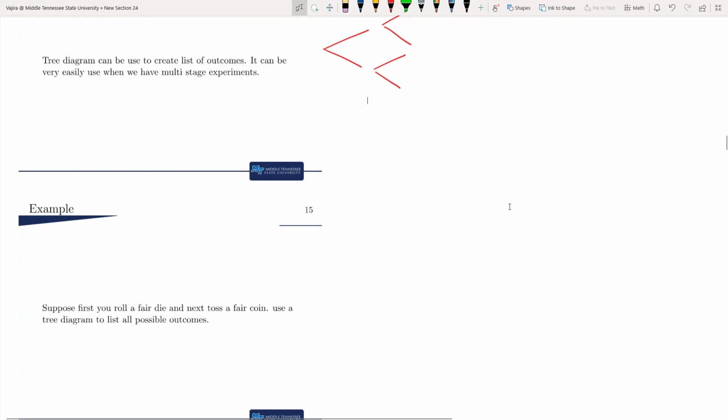You can see that the question says, first you roll a die, and next you toss a coin, and then use a tree diagram to list all possible outcomes. So the first one is the die. That's the first stage. So these are the possible outcomes.